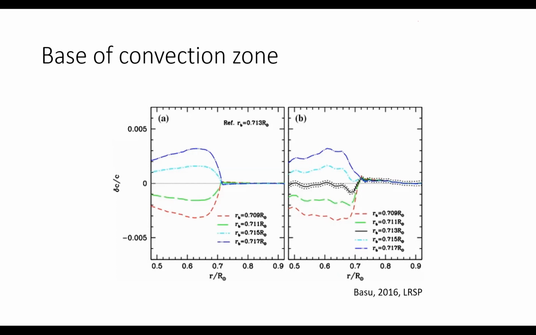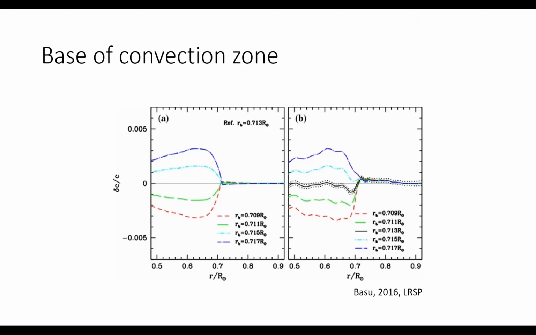And so even though you don't have the resolution in helioseismic modes, the models that you use are actually sensitive enough to give you a very precise location on the transition from convectively stable to convectively unstable. And the generally accepted value for the position of that transition is 0.713.